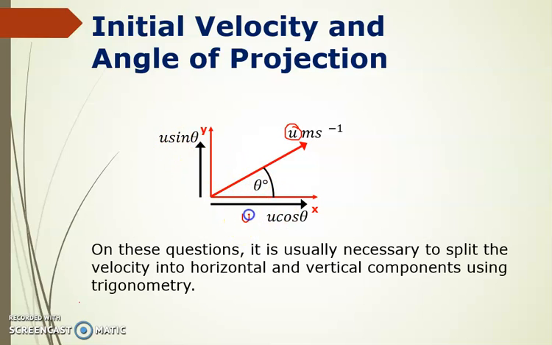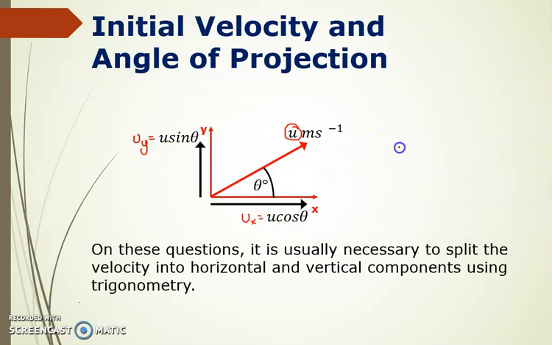This one I'm going to call ux. This is the initial velocity in the x direction, and notice it's u cos theta. It might remind you of when you resolve forces. This is uy, and it's the resolved component of the velocity up and down. So just look out for this, u sine theta, u cos theta.